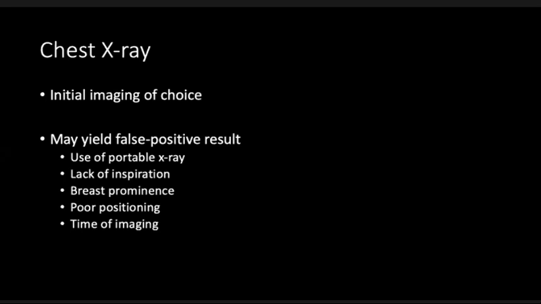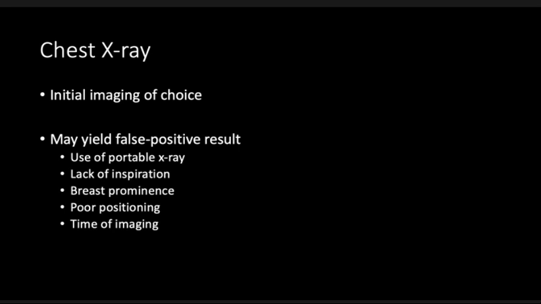It can yield false positive results, which may be due to the use of a portable X-ray, lack of inspiration, the breast prominence or the soft tissue prominence, poor positioning, which can lead to the scapulae and soft tissue projecting onto the lung fields, thus increasing the density of the lung periphery and simulating ground glass opacities.